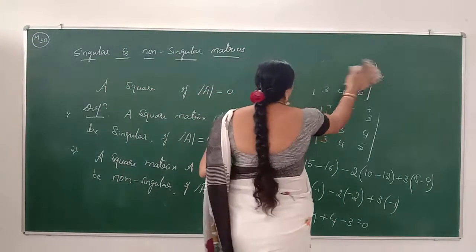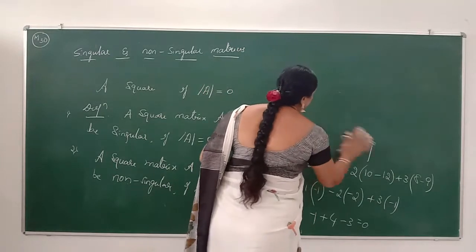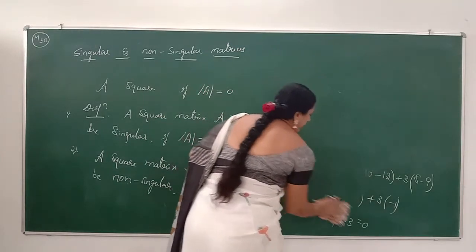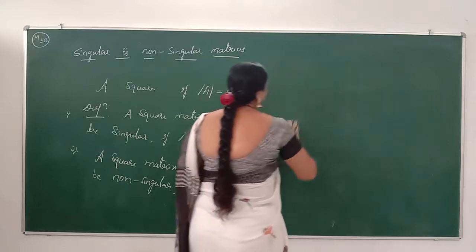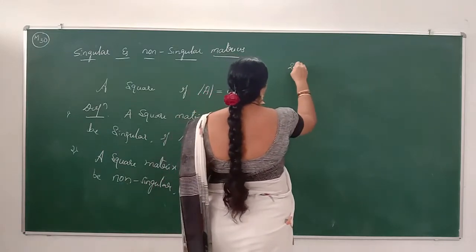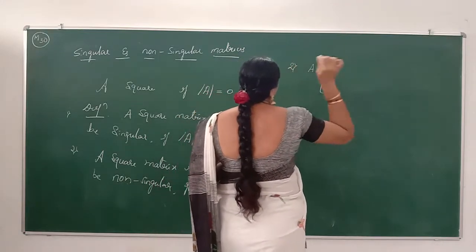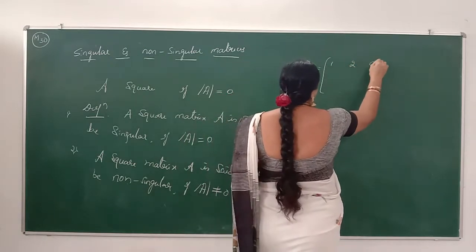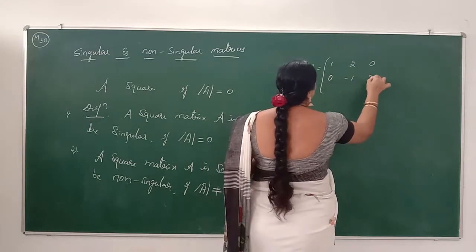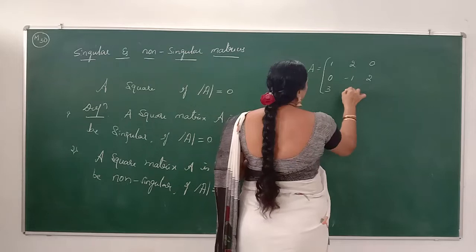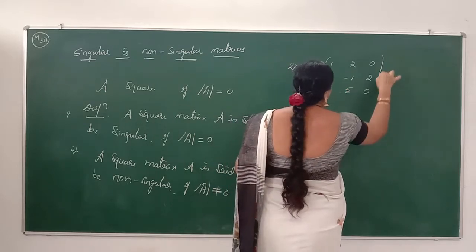Similarly, let us take another example, which is a non-singular matrix. The second example is A is equal to 1, 2, 0, 0, minus 1, 2, 3, 5, 0.